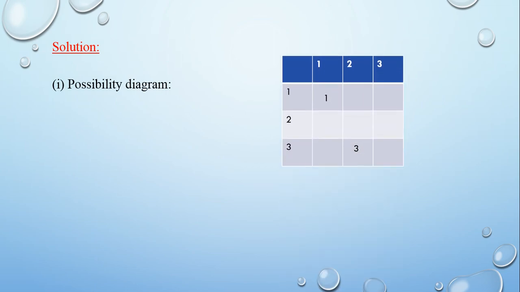Okay, solution 1. Construct the possibility diagram. The table is given already. The spinner is spun twice, so the score represents 1, 2, 3 for the first spin, and another 1, 2, 3 for the second spin. They said that if they are a common value, we take it directly.